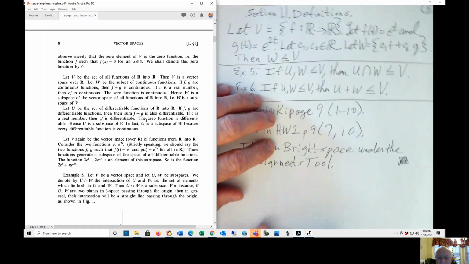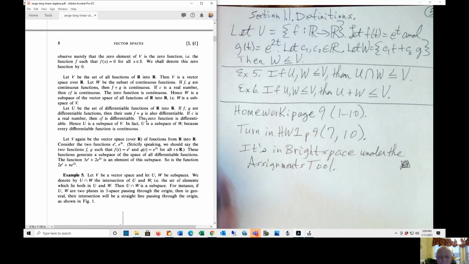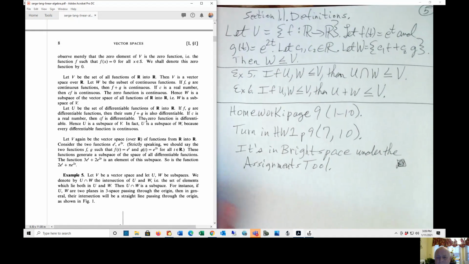And then finally for today, here's another small example. Let V, again, be the vector space of all real valued functions going from R to R. And now let's take two special vectors, f of t equal e to the t, and g of t equal e to the 2t. All right? Let c1 and c2 be real number scalars.